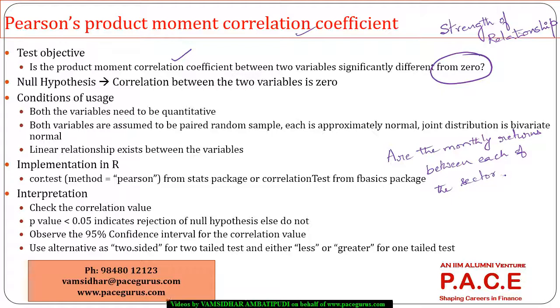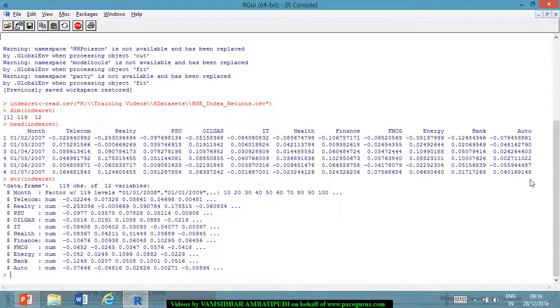Are the monthly returns between each of the sectors significantly correlated, or are they completely independent? That's the kind of question. So which means, is it like the returns of telecom and returns of realty have some kind of a relation between them, right? Either positive or negative or whatever, strong, weak, whatever. Or are they completely independent?